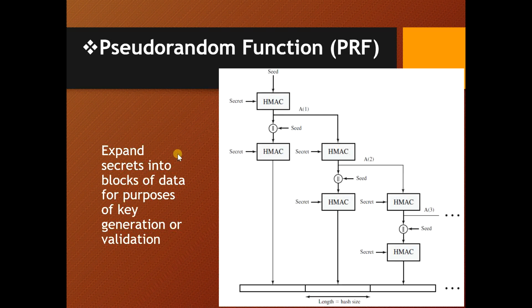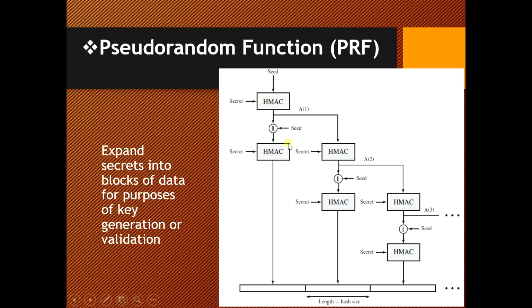The PRF is mainly based on the data expansion function. You can see this data expansion function can be computed in this particular manner. This particular figure shows you the TLS function, that is P_hash, as to how it is being computed.